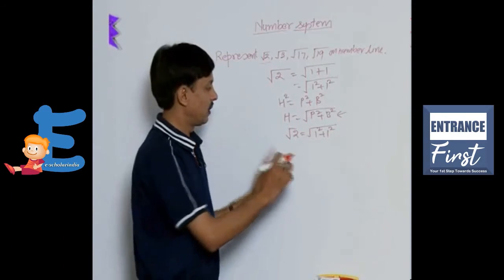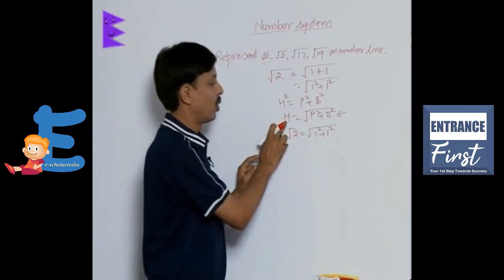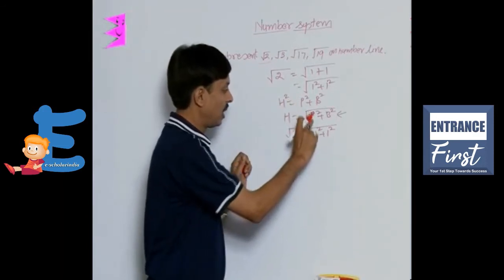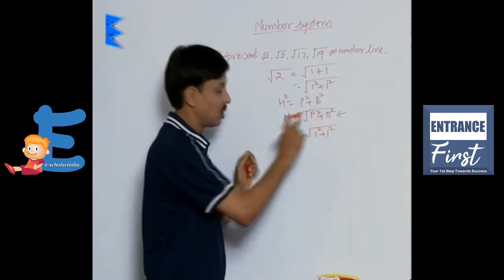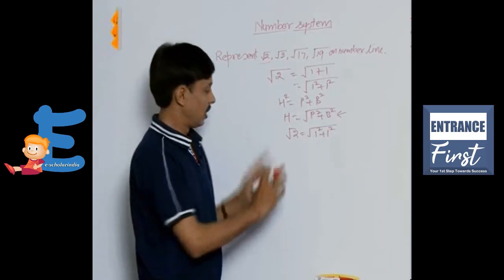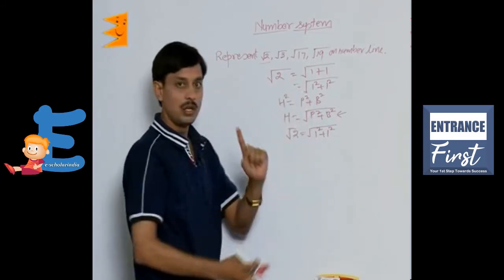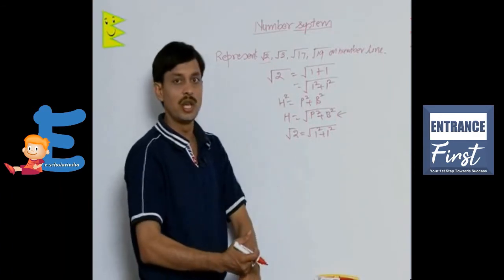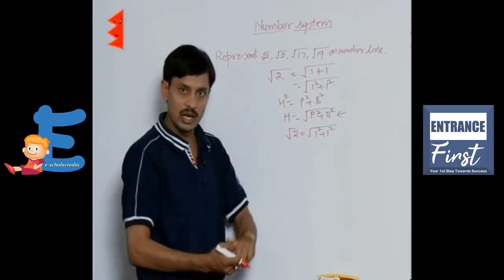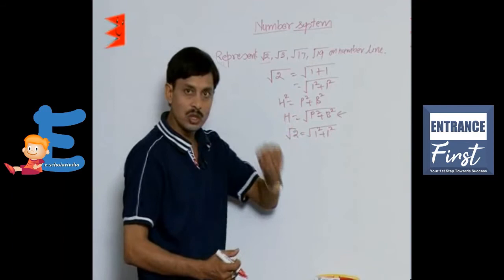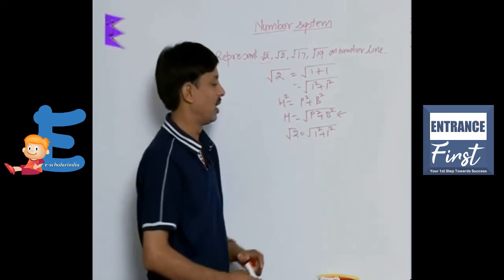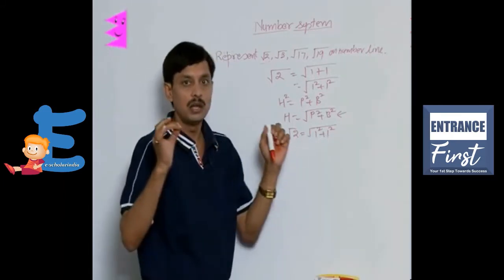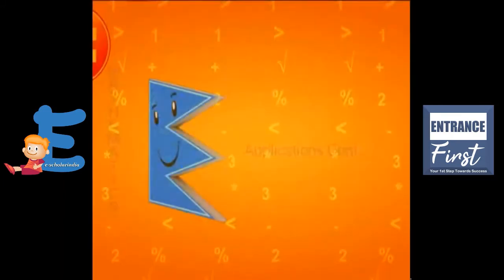The conclusion is that root 2 is the hypotenuse of a right angled triangle whose perpendicular is 1 unit and base is 1 unit. From this discussion, you must be aware of what root 2 is: the hypotenuse of that right angled triangle whose perpendicular and base are both 1 unit.